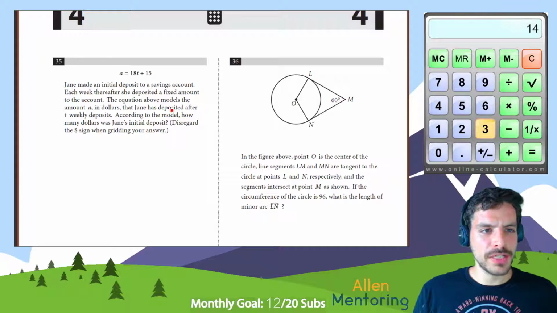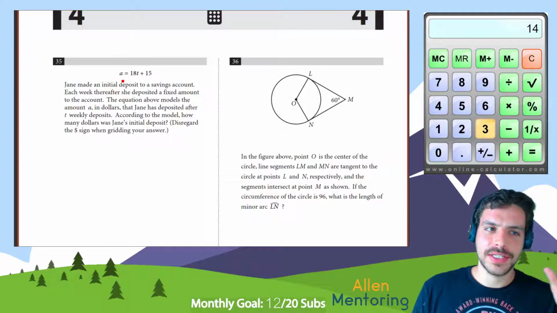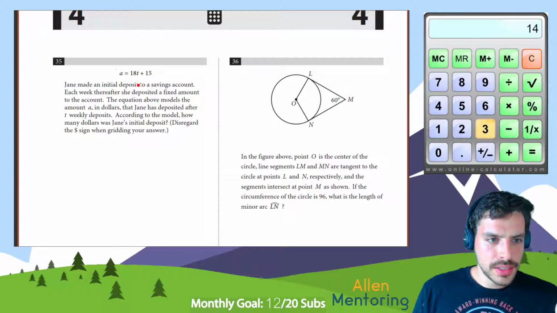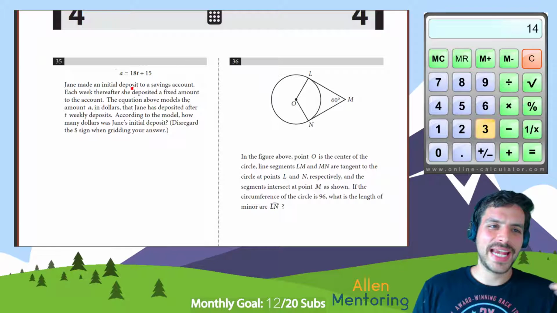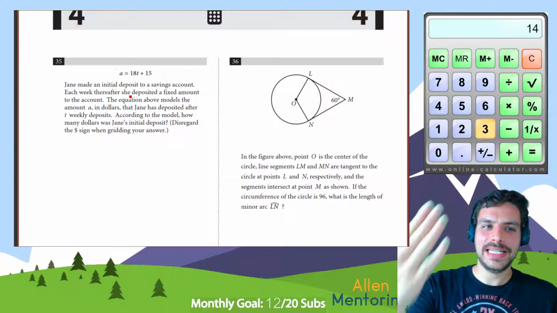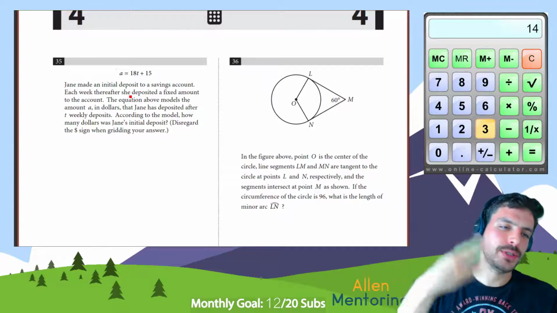So let's understand what all these numbers mean. A is all the money that Jane has deposited, okay, all of the money. t is how many weekly deposits she makes. So what does 18t mean? That means that every week she deposits $18, right? 18 times 1 week, 18 times 2 weeks, 18 times 3 weeks.